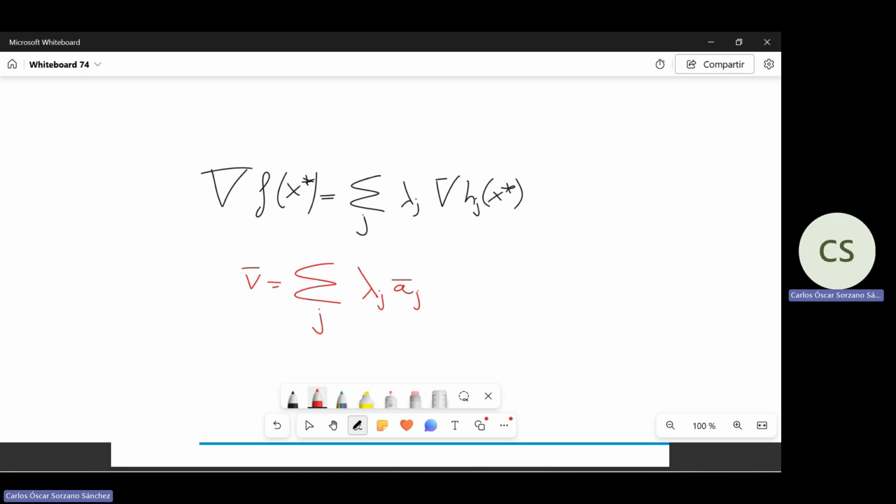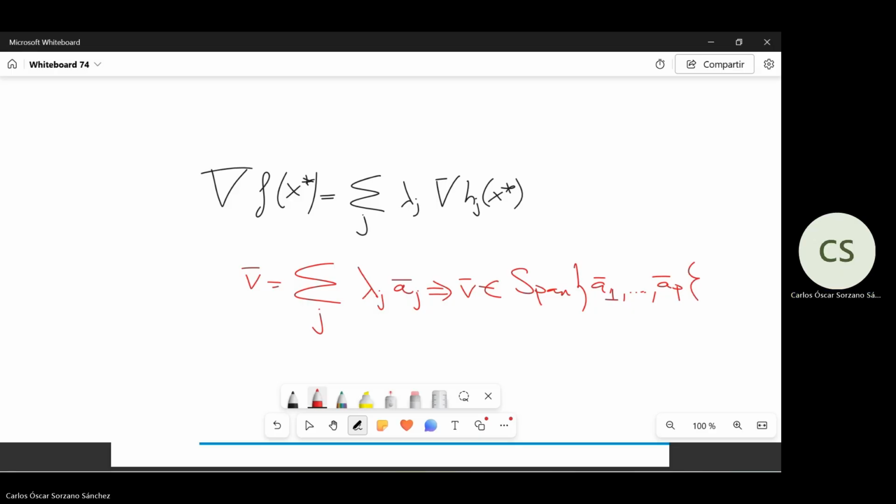It says that b belongs to the space spanned by A1 to A n. Okay. So this span space, do you know what it is?